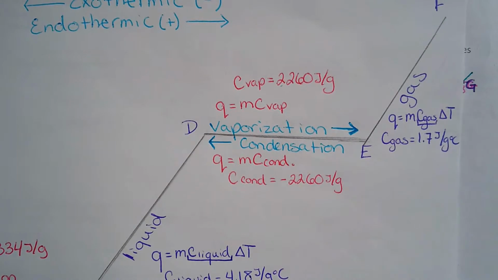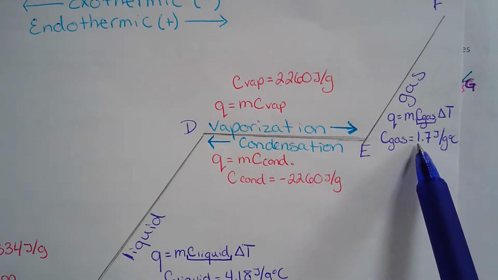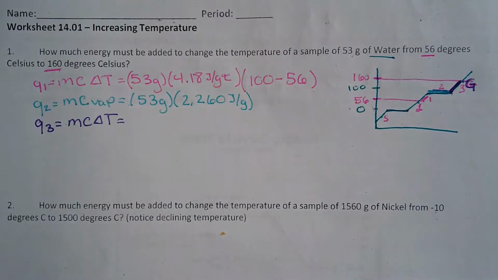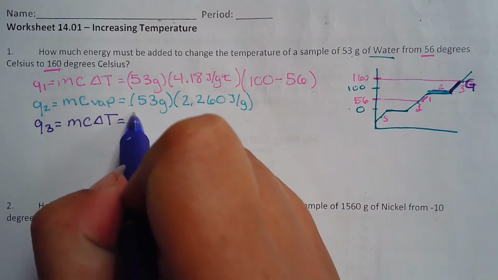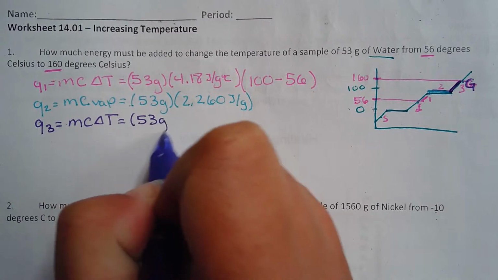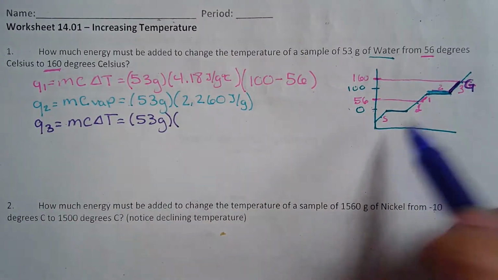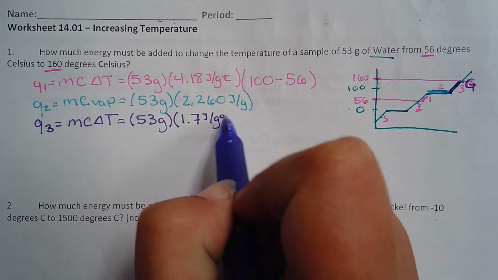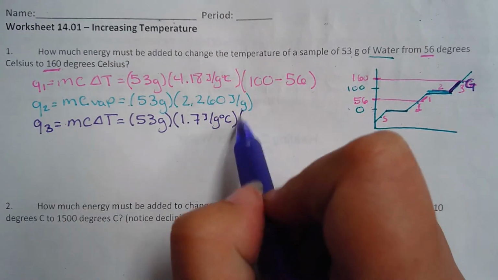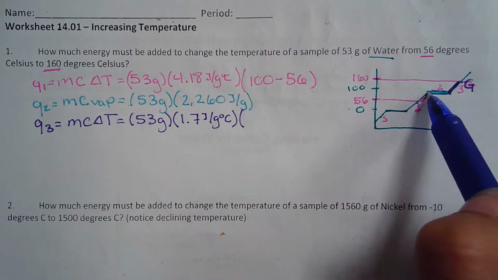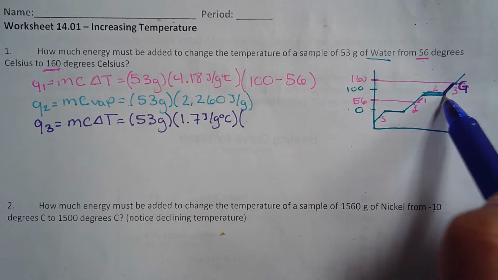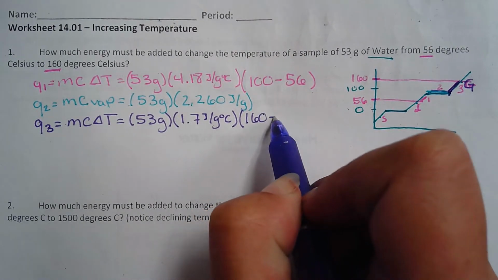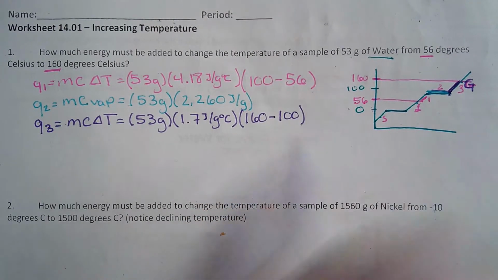The specific heat of gaseous water is 1.7 joules per gram degree Celsius. So we use the same mass, 53 grams, our specific heat of 1.7 joules per gram degree Celsius, and our change in temperature from our boiling point, 100, up to 160. So our final, 160, minus 100.